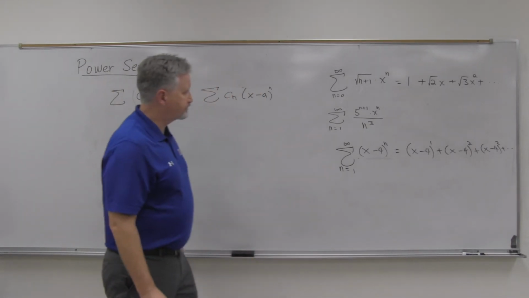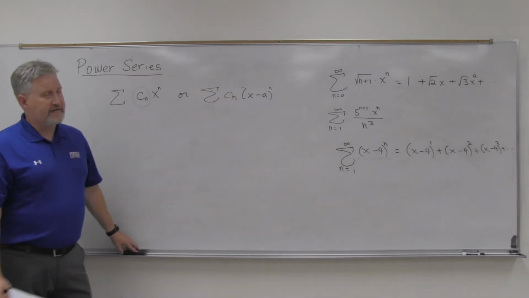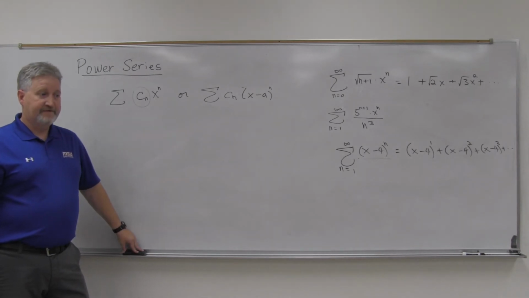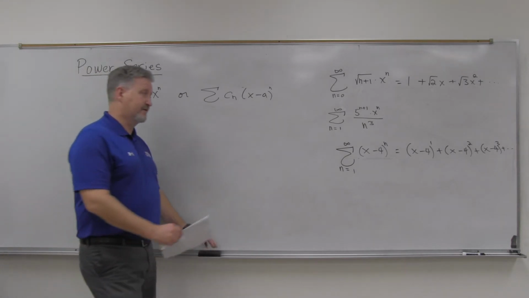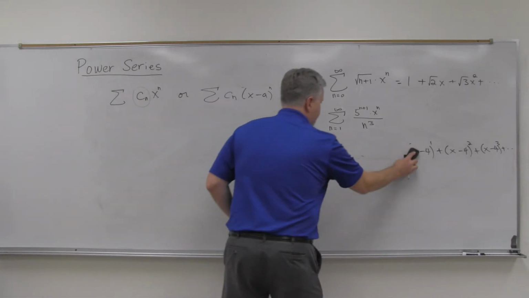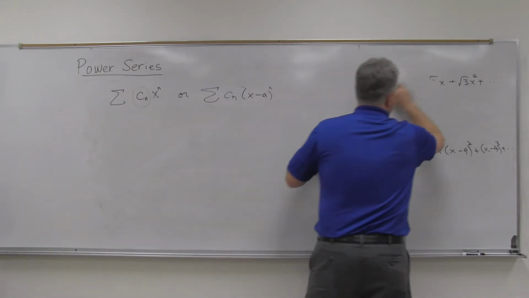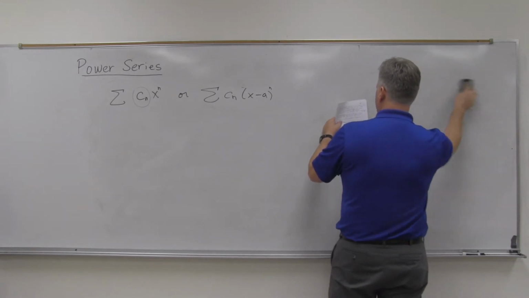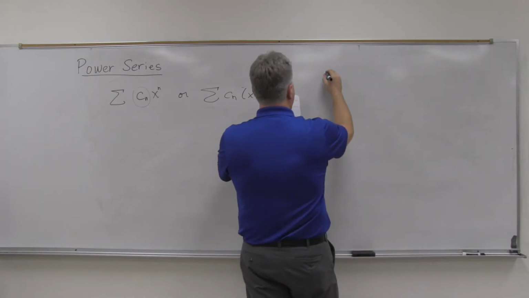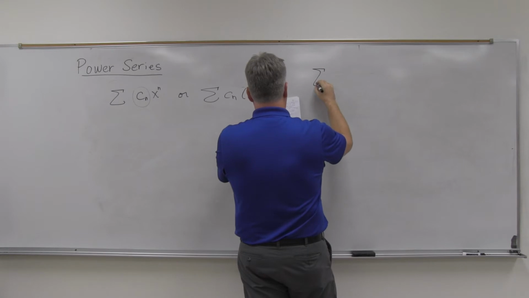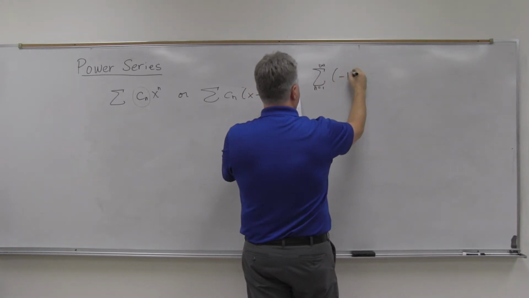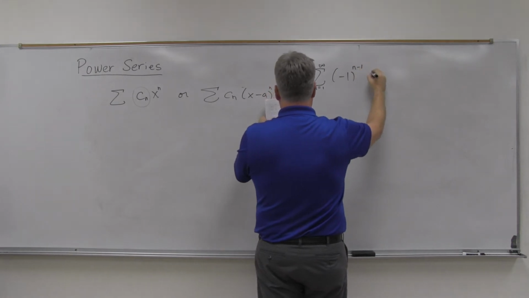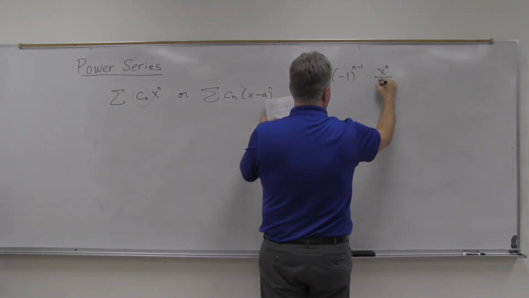So what we'd be starting off with anyway is figuring out these intervals of convergence. So let's try one here. Let's say we've got the sum from n equals 1 to infinity of negative 1 to the n minus 1 times x to the n over n.